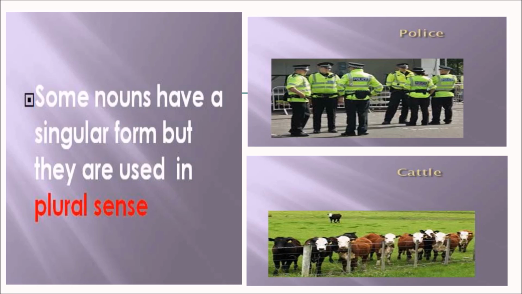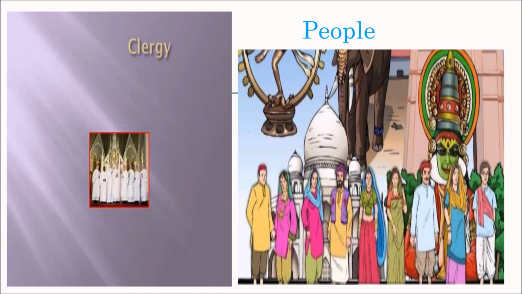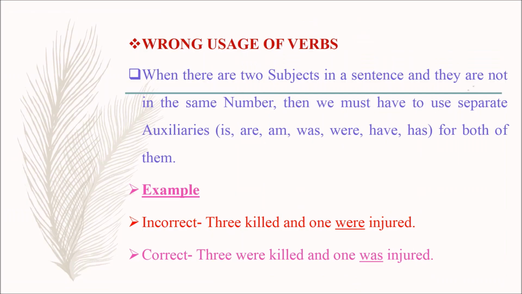Some nouns have a singular form but they are used in a plural sense, like police, cattle, clergy, people, etc. Next, we are going to see wrong usage of verbs.